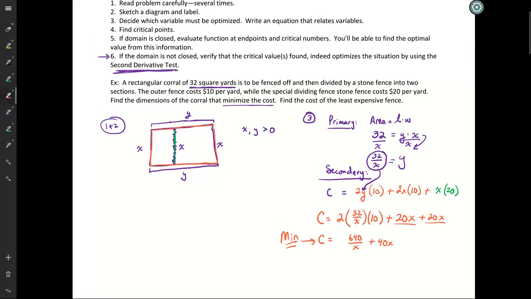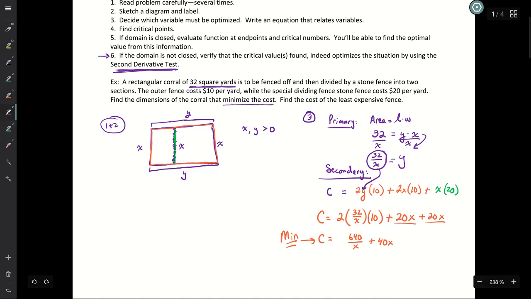All right, so step number 4 says now find the critical points or critical numbers. So now with step 4, I'm going to bring that around here. We want to find the derivative of that function. Okay, to find the derivative, I'm first going to rewrite this function in a way that would be easier to take a derivative of.